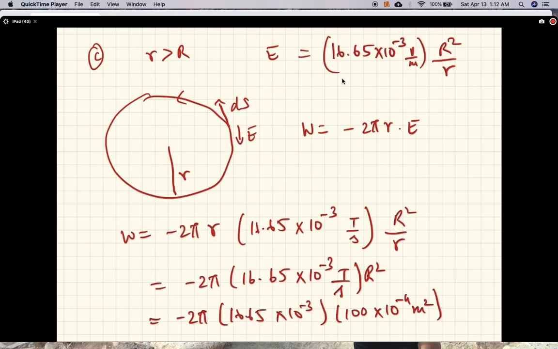Oh, I forgot to multiply by the charge. The force is Q times E, so the charge of the proton. There's a Q here, Q here, Q here.